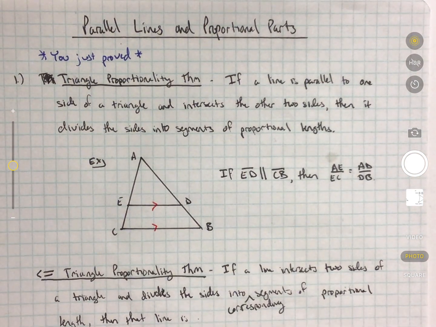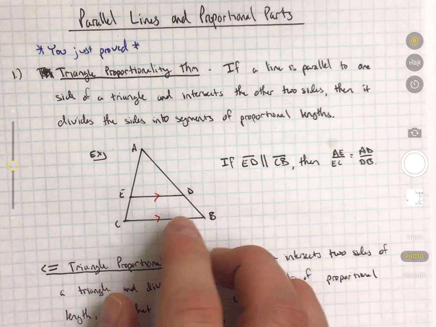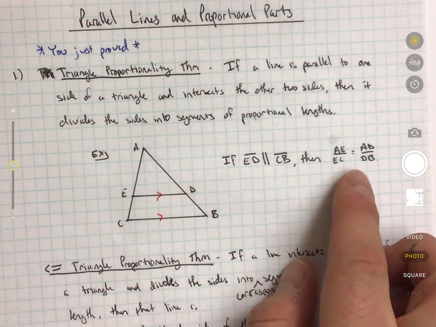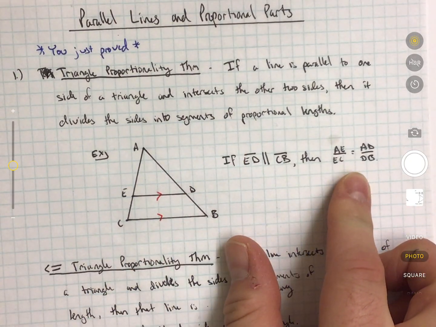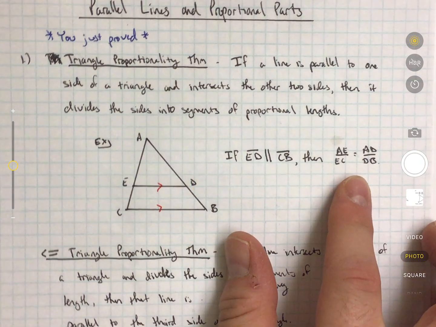Now, the important thing to understand is that we didn't once mention the bottom line, the lines that were parallel. The problem is that ED over CB will not equal this, and that's a very important distinction.